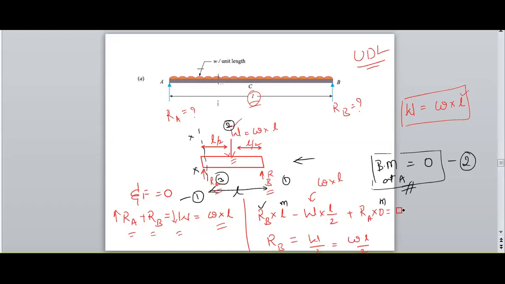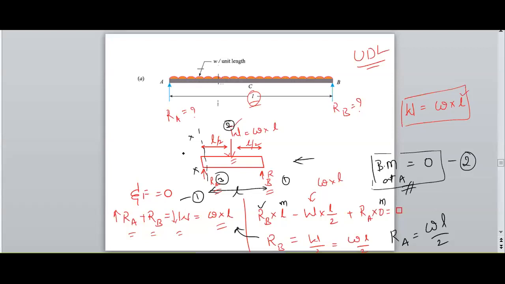The sum needs to be equal to 0. Therefore RB is equal to capital W by 2, which is equal to small w L by 2. Substituting the RB value in my first equation, RA is also equal to small w L by 2.